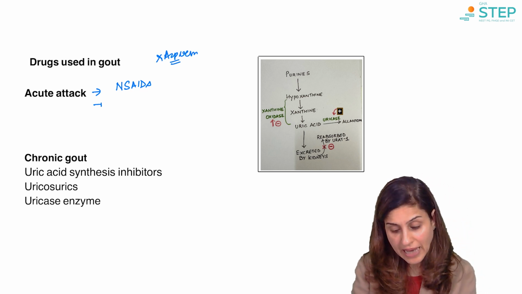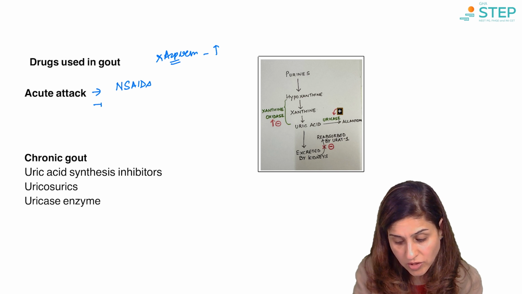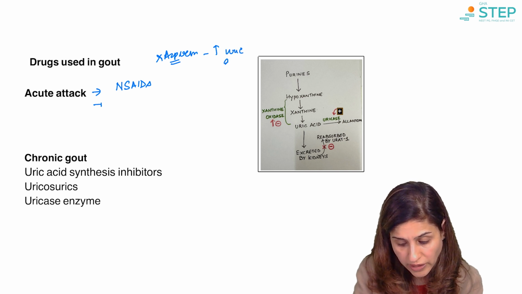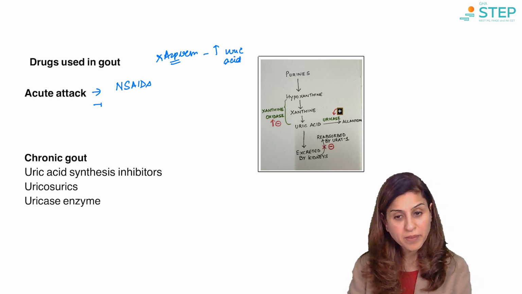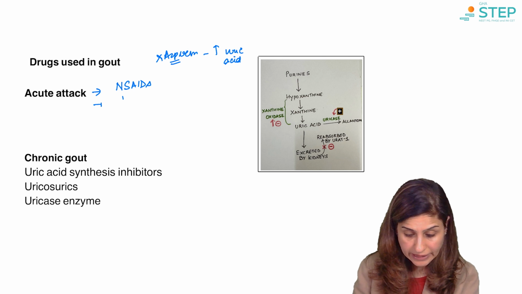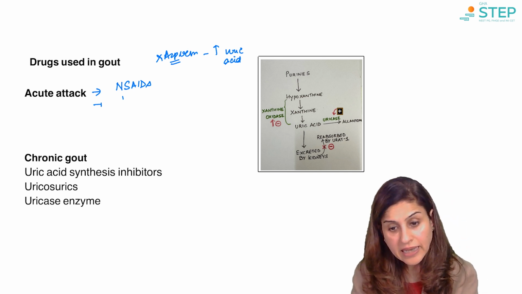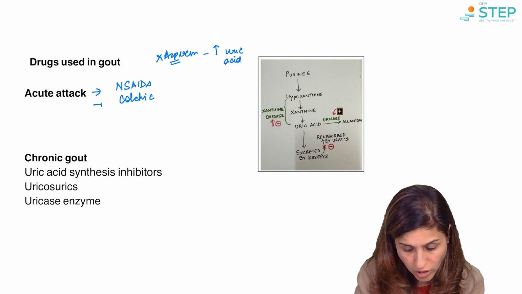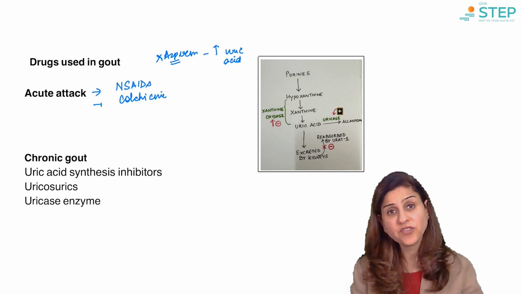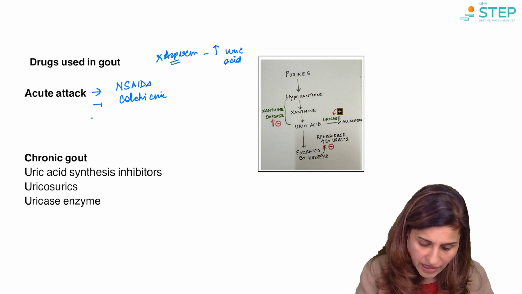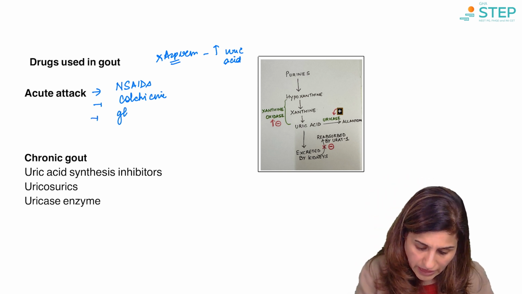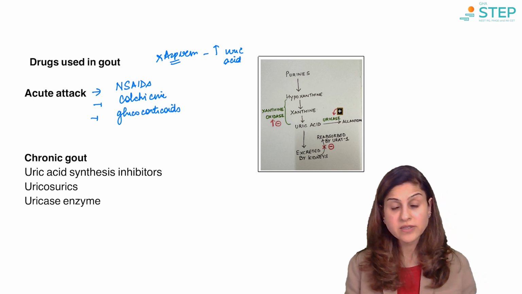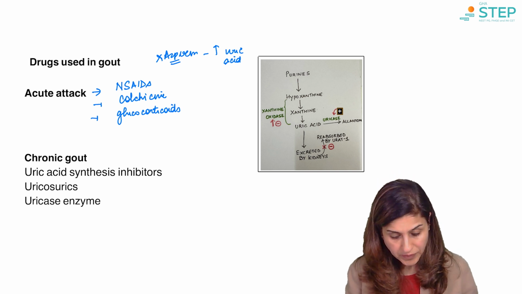Low dose aspirin actually increases the uric acid level, so it is not indicated in gout. After NSAIDs, the other drug very specific for gout is colchicine. And if both of them don't work, then the third line is glucocorticoids.